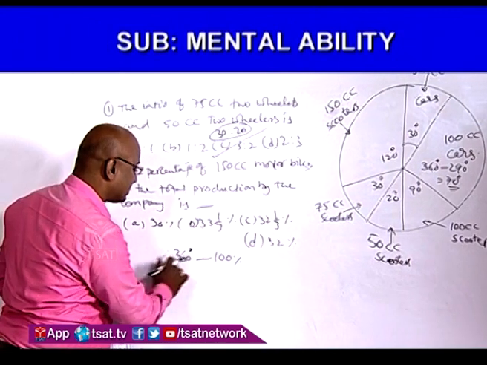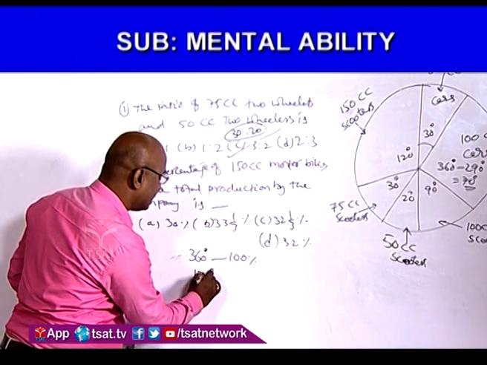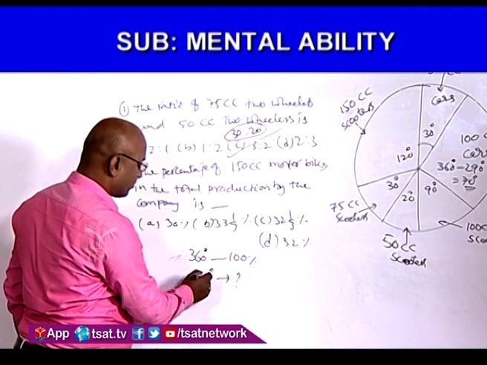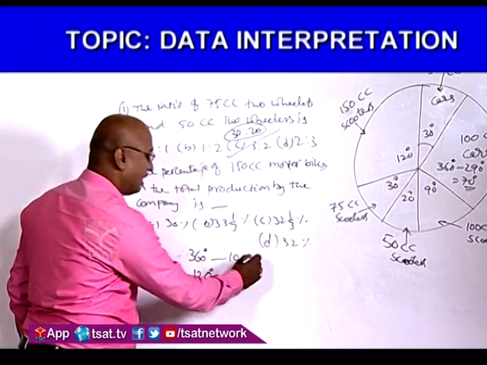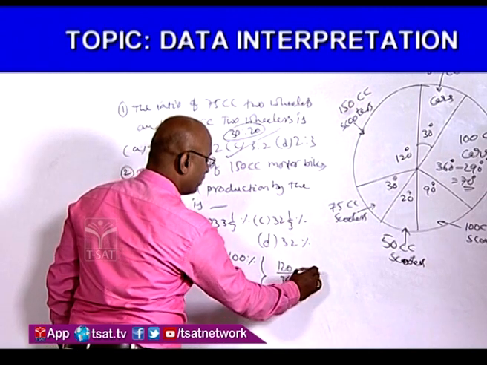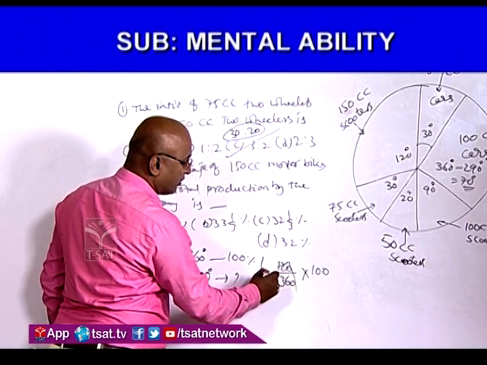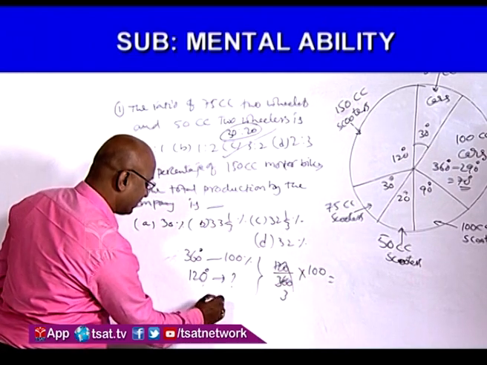If 360 is 100%, then how much is 120 degrees? So 12 ones are 12, 12 threes are 36. That is 120 by 360 into 100, that is equal to 100 by 3. What is the value of 100 by 3?